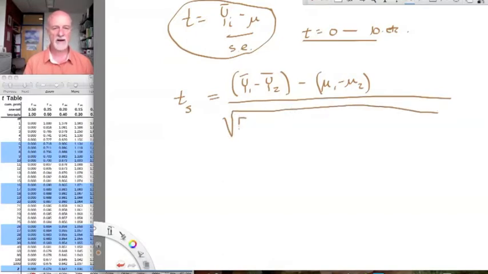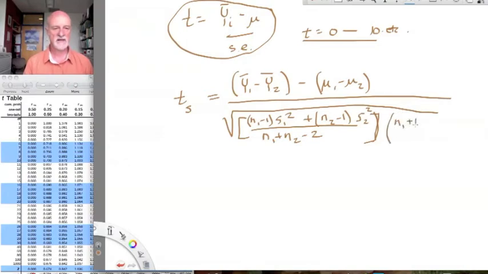We'll put in brackets n1 minus 1 times the sample variance of sample 1, plus n2 minus 1 times the sample variance of sample 2, all divided by n1 plus n2 minus 2. We take this entire quantity, and we multiply that by n1 plus n2, all divided by n1 times n2.